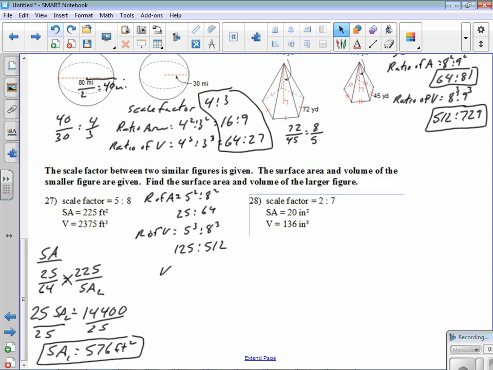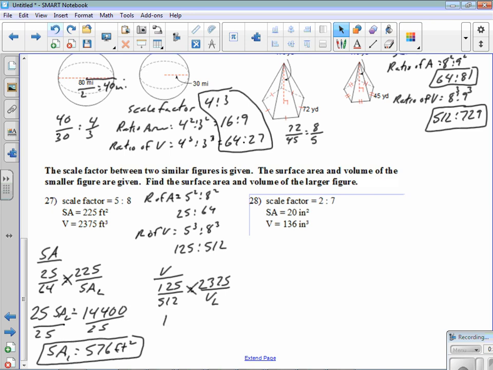And for volume, we're going to take the volume ratio, 125 over 512, equal to 2375 over volume of the large one.